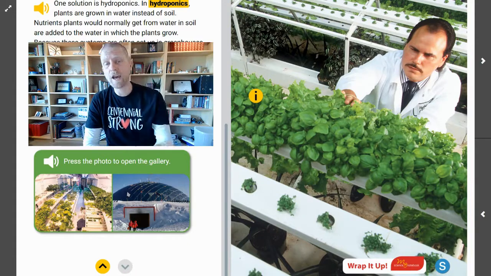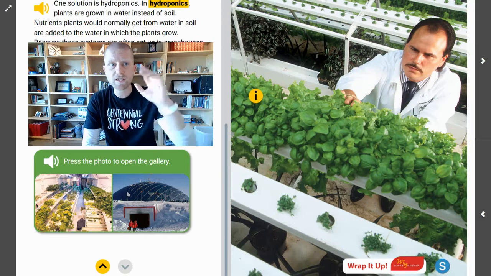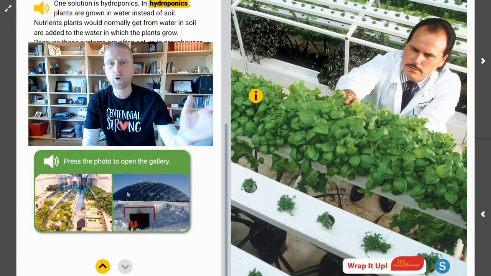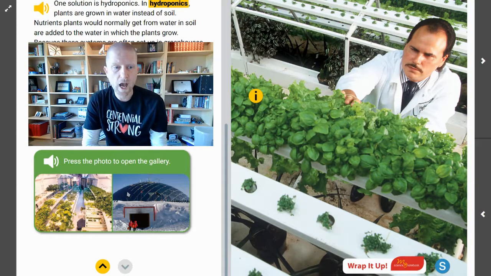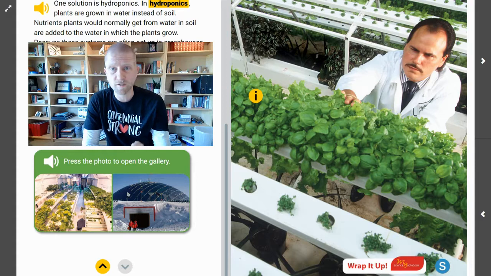And not only that, but we can take that idea of hydroponics and take it further. We could ask ourselves, what kinds of plants could be grown in space? And what might be the problems associated with growing plants in space? In addition to providing food, how might plants help astronauts stay alive? So could hydroponics be a system we used if we actually did get everybody on one giant spaceship to Mars?